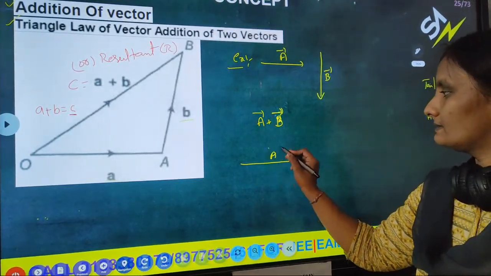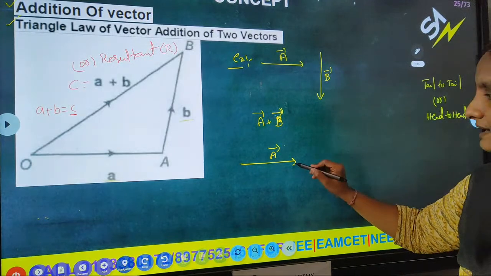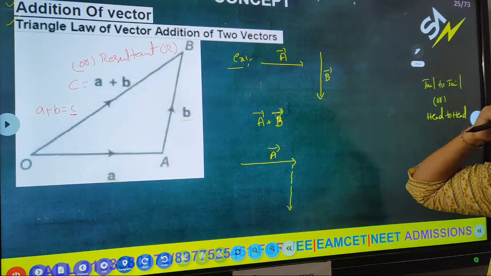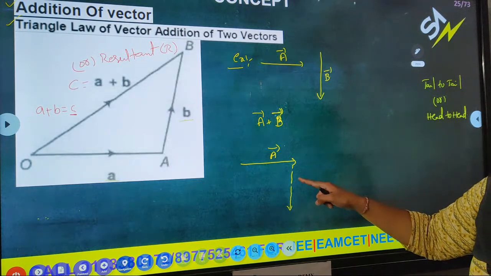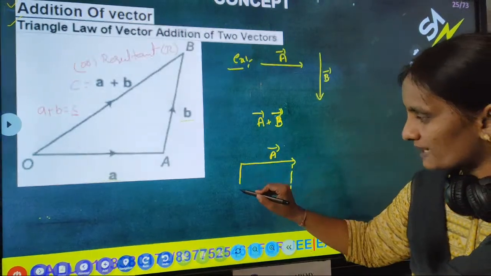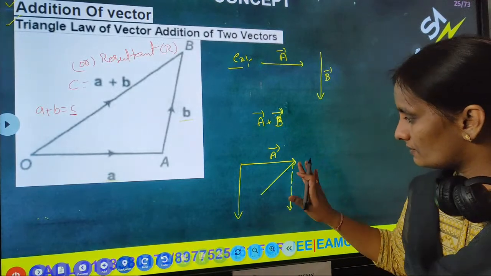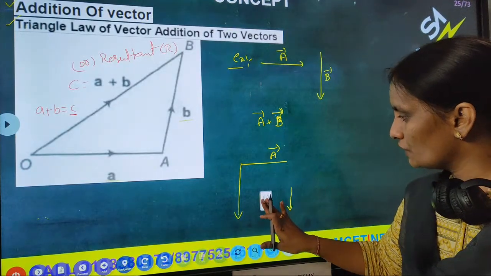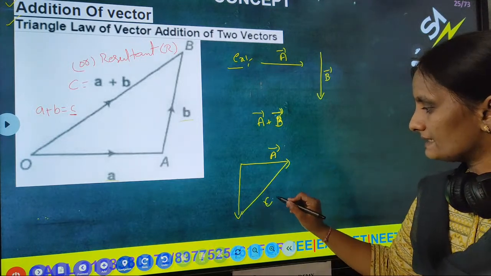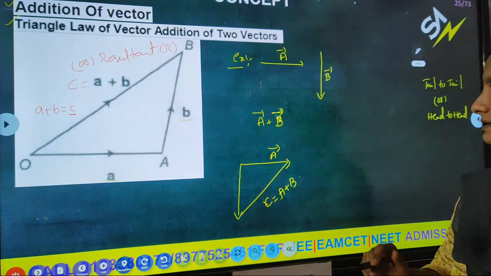This is vector A. And vector B, initial direction is this way. Now we are just shifting that to this place, and now the addition of these two vectors will be the resultant of the two vectors, C is equal to A plus B.